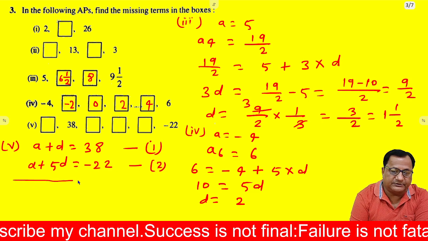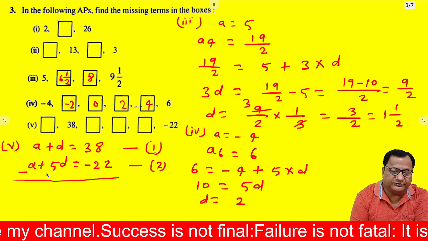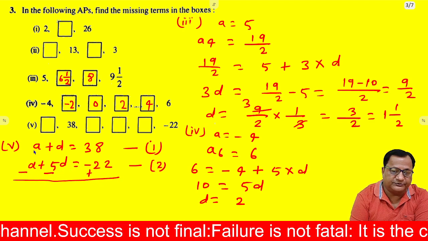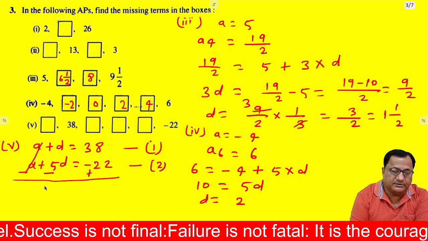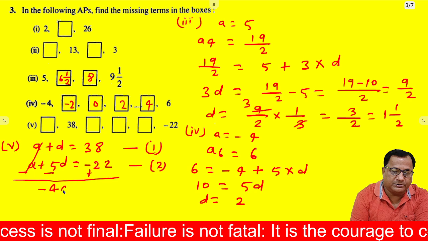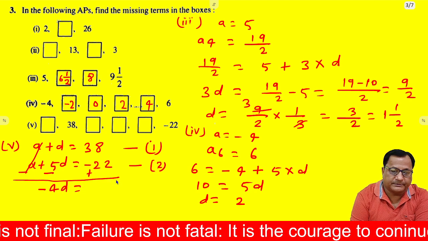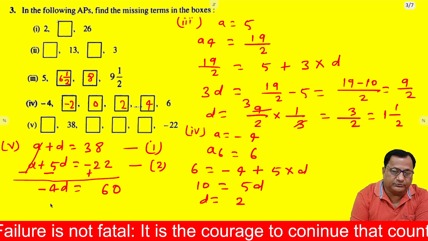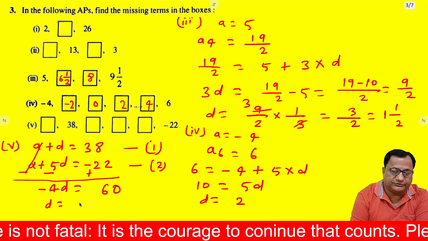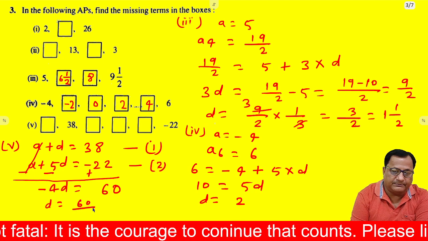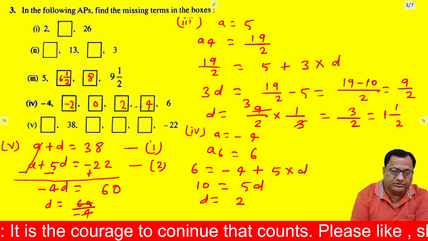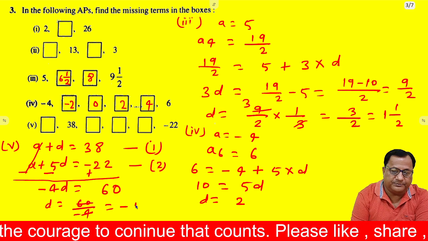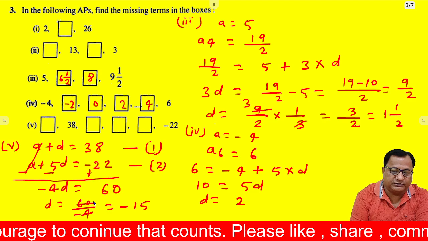If you subtract, the a will be cut. This gives minus 4d is equal to 60. So d is equal to 60 by minus 4, which is minus 15. So d is equal to minus 15.